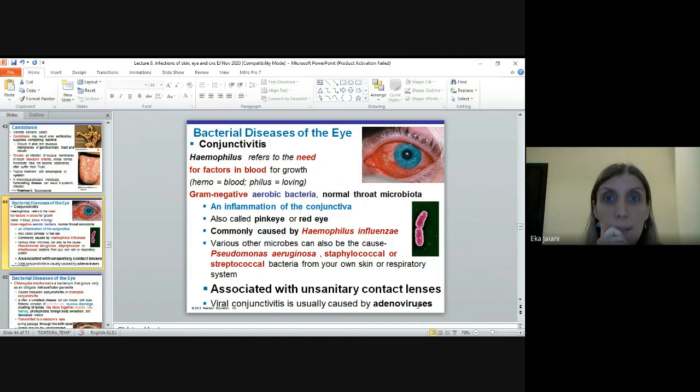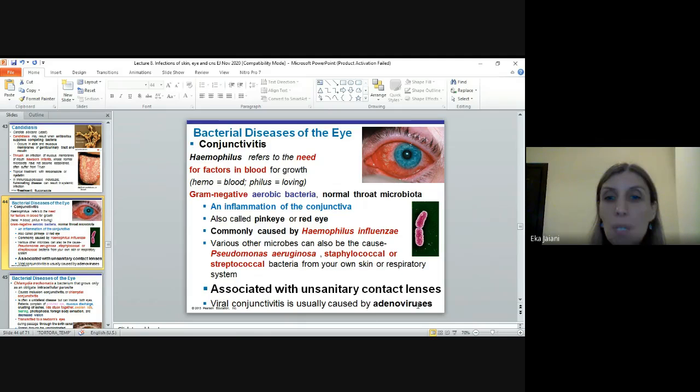Also, bacteria like Haemophilus influenzae can cause it, and we'll see that Haemophilus influenzae can also cause pneumonia and meningitis. So this is a pathogen that can cause a variety of diseases, and there are different types. Haemophilus influenzae type B is a major cause of severe infections among children.